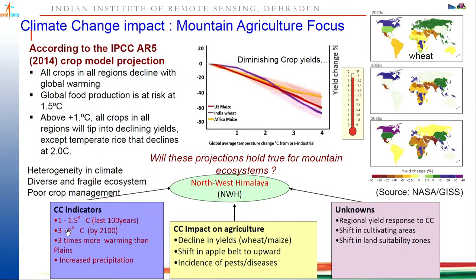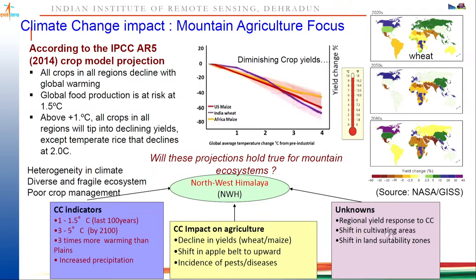In the next 100 years, a 3 to 5 degree rise in temperature. More than 3 times warming than the alluvial Indo-Gangetic plain. More frequent and intense precipitation increase, and all these will affect decline in the yield of crops, shift in apple cultivation towards higher altitude, and increase in the incidence of pest and disease.